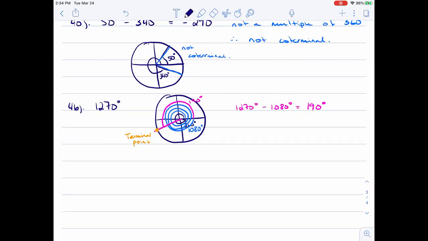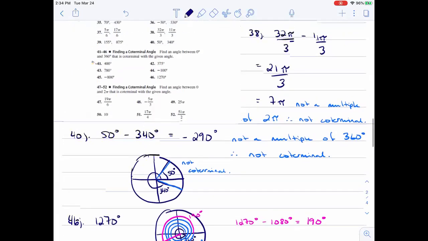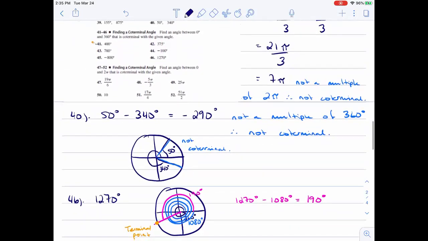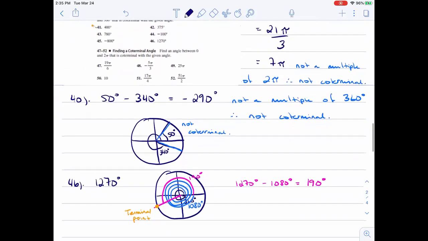Make sure there are no questions. Okay. All right, so that's how you're going to do those. And let's see, 47 to 52, we need to find an angle between 0 and 2 pi that is coterminal with a given angle. All right, let's do one of those too.